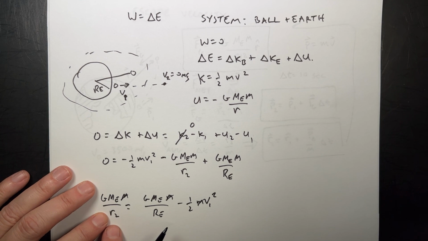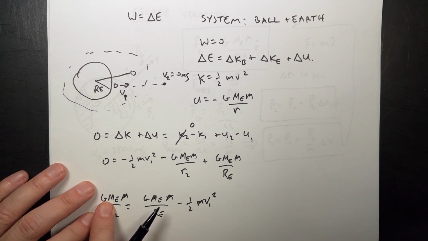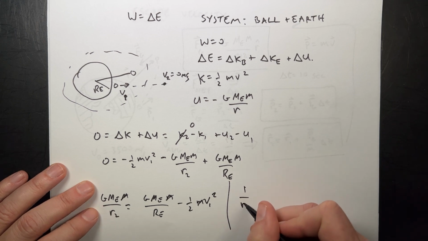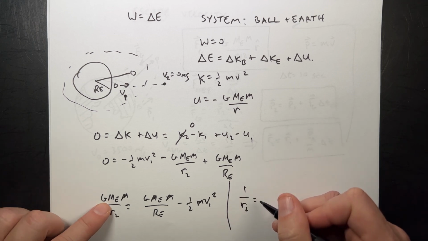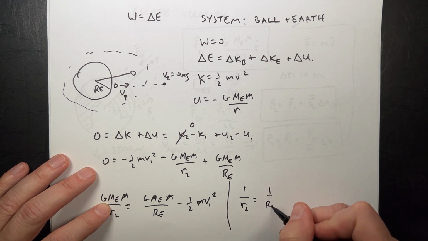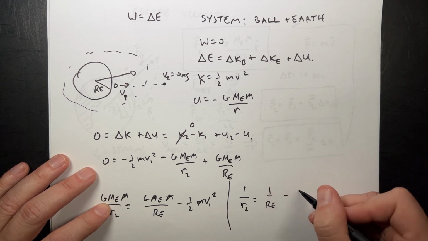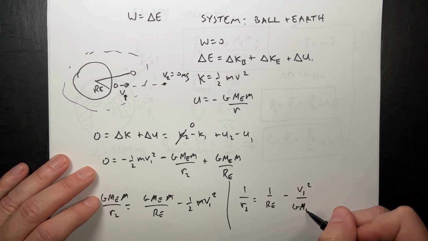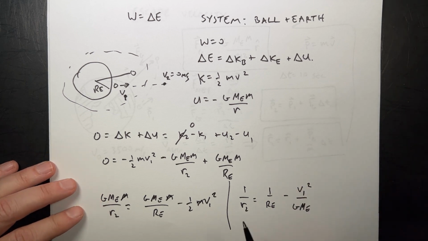So really, if I divide both sides by this, I get 1 over R2 equals, I'm dividing by GM, so I get 1 over the radius of the Earth minus v1 squared over G M_E. And now I can just flip both sides.